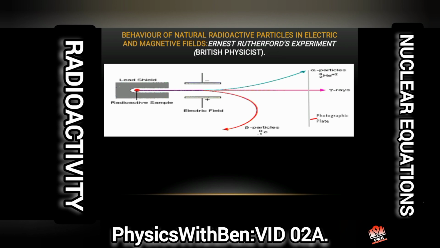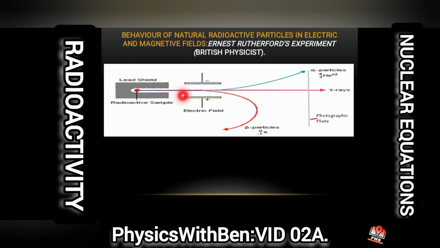So, these were the first experiments to verify their behavior in an electric field. Here the radioactive substance was placed in a lead shield, and it was meant to pass through the electric field, as you can see here.